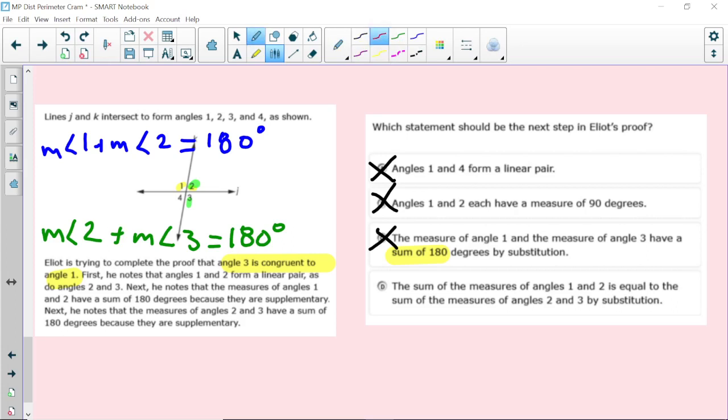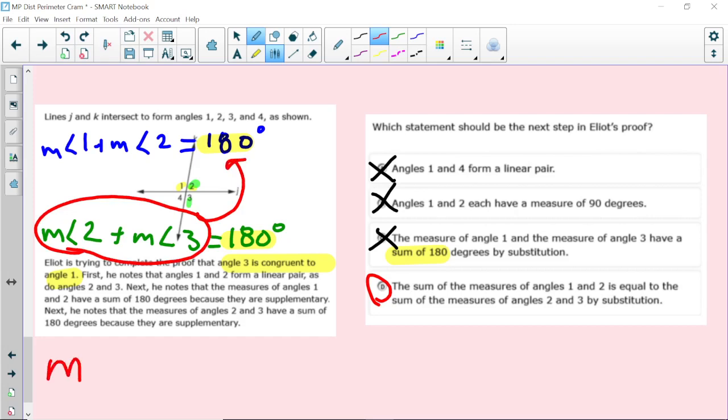So that leaves us with choice D, but let's go through it to know why that's the case. The sum of the measures of angles 1 and 2 is equal to the sum of the measures of angles 2 and 3 by substitution. Here they're saying that since both of these statements equal 180, they can be subbed in for one another. So I can take this statement, since it equals 180, and replace it right up here.